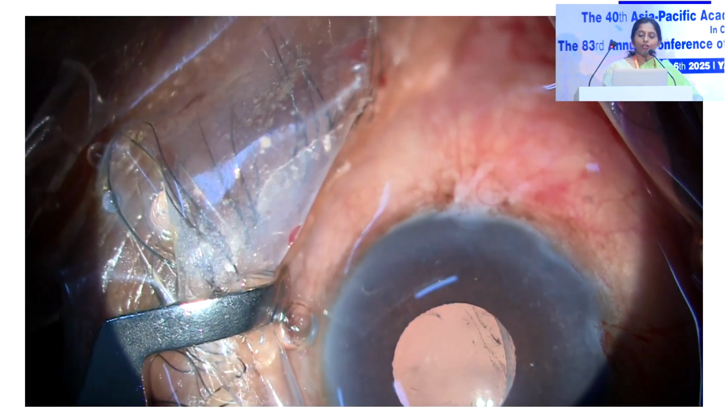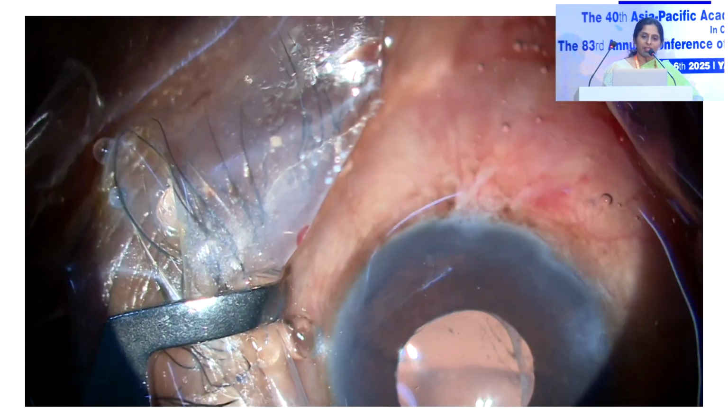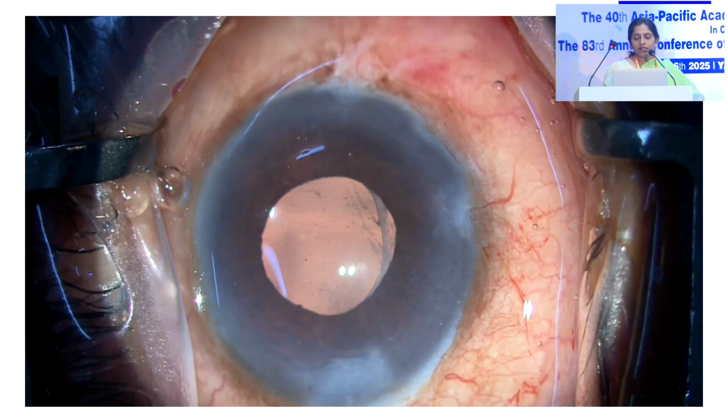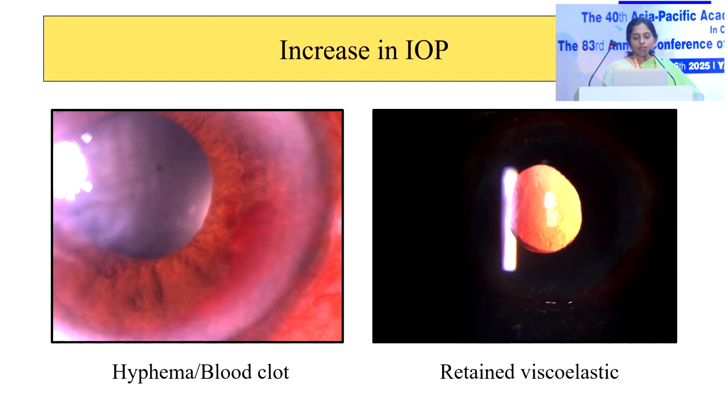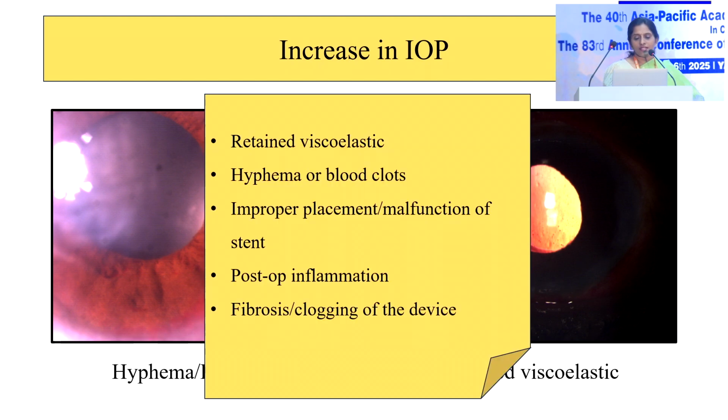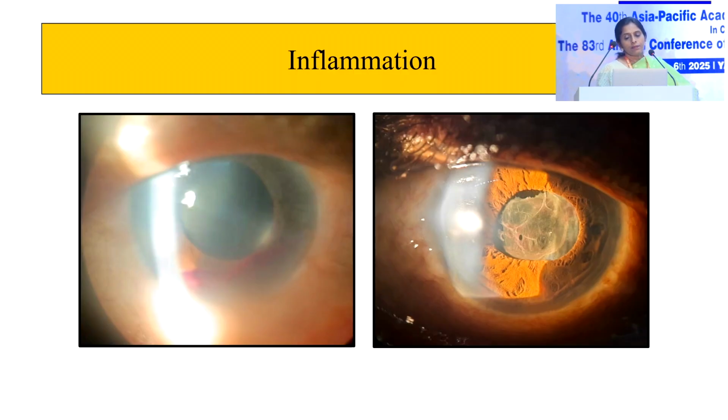And he decided not to go for a combined surgery because of this experience of severe bleed here. This is a post-operative picture. So there are chances of patients, after you treat the hyphema, having a high chance of increased intraocular pressure. Number one, because we leave some viscoelastic, there may be retained blood clots, there may be post-operative inflammation, etc. And severe inflammation, because you leave viscoelastic, may lead to a lot of fibrin membrane like what is seen here.